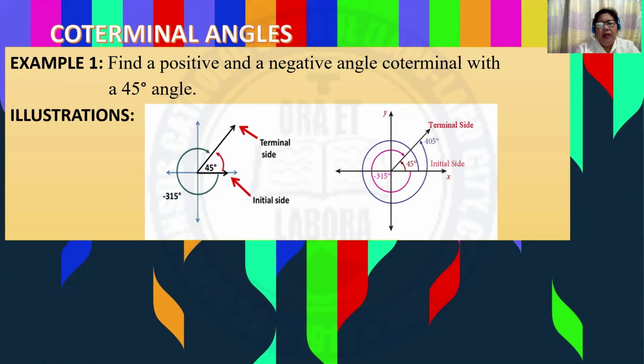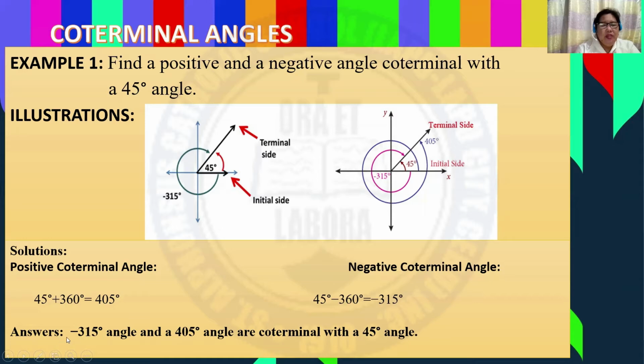degrees. And for a positive coterminal of 45, here this is 45, so you make one more rotation. From the initial side until here, that's one rotation, that's 360, and you move another 45 degrees to end up with the terminal side. So 360 plus 45 degrees is equivalent to 405 degrees.